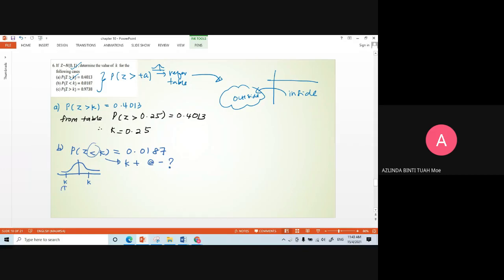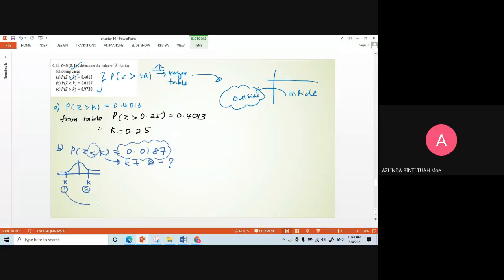Di antara first choice and second choice, yang mana yang logik untuk dapatkan area 0.0187? First choice.